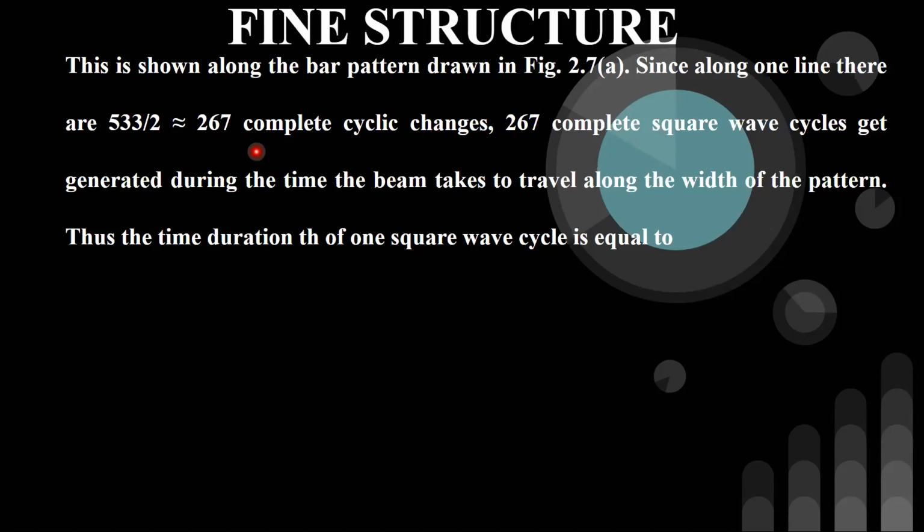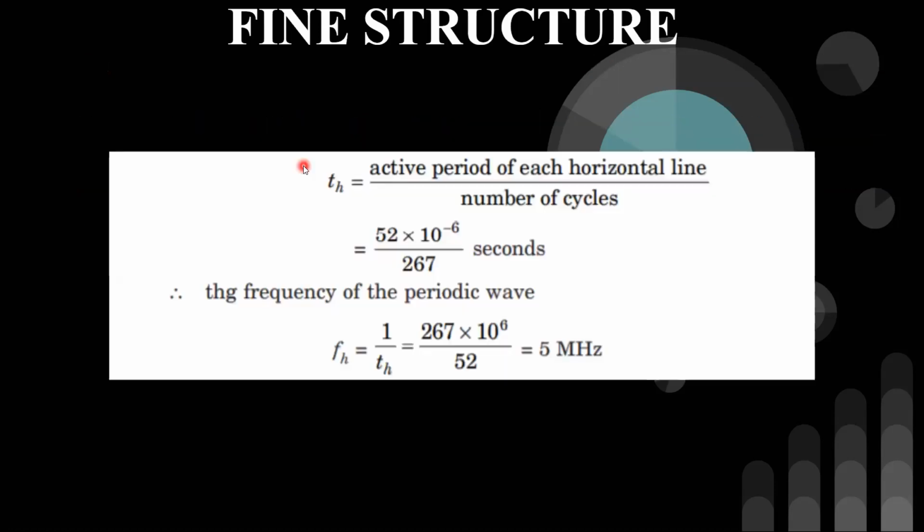Thus, the time duration of one square cycle is along the line bar. So this is how you can estimate the period of the fine structure, that equals TH.